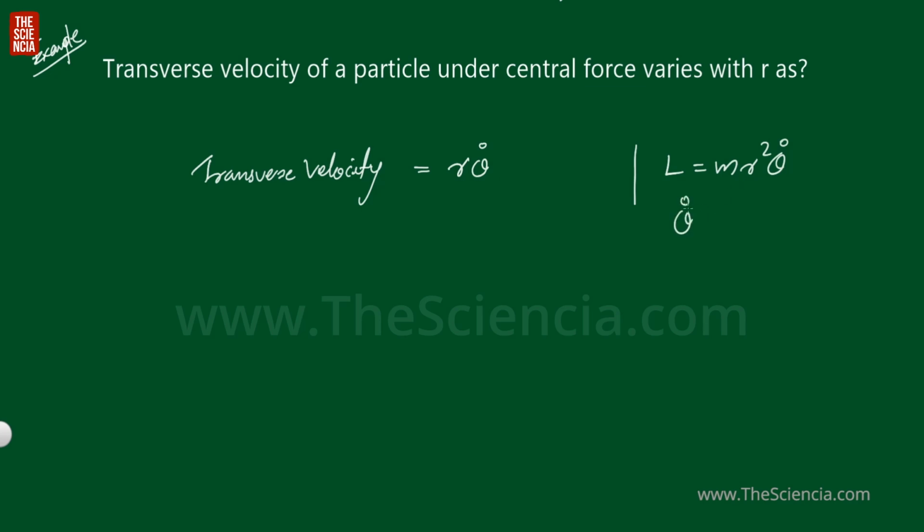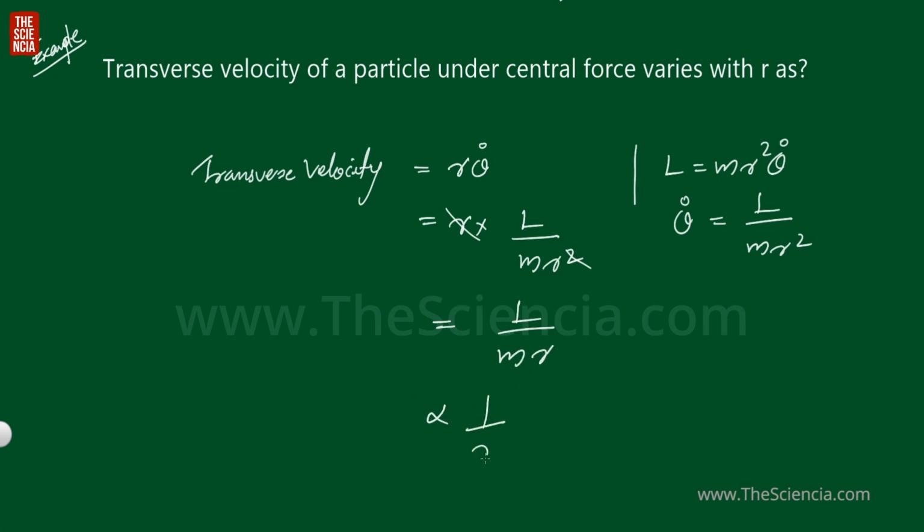So theta dot is equal to L by m r square. So r into theta dot is L by m r square. We can cancel r and r, so we get L by m r. So the transverse velocity is proportional to 1 by r.